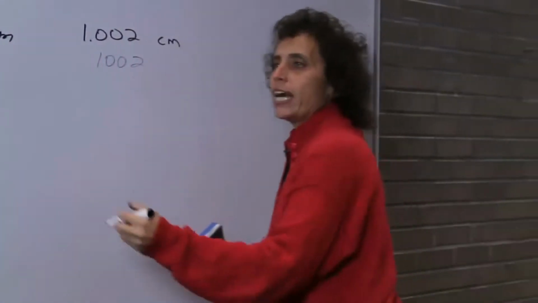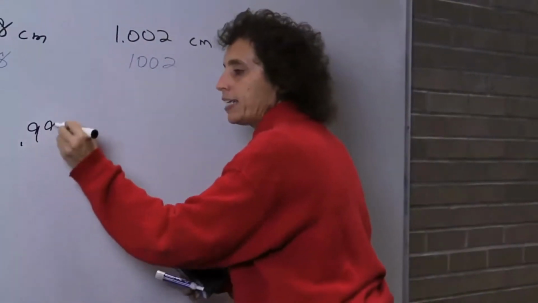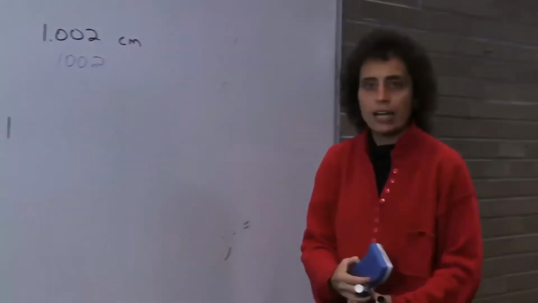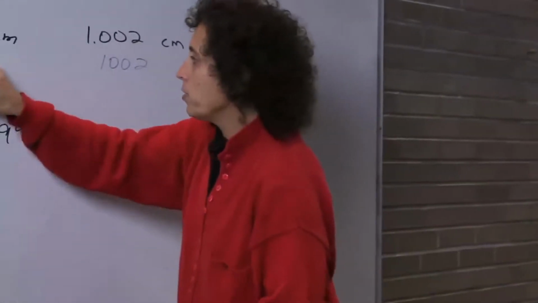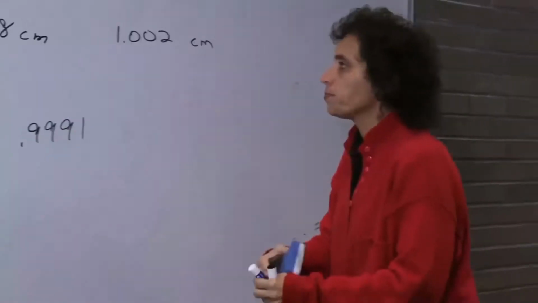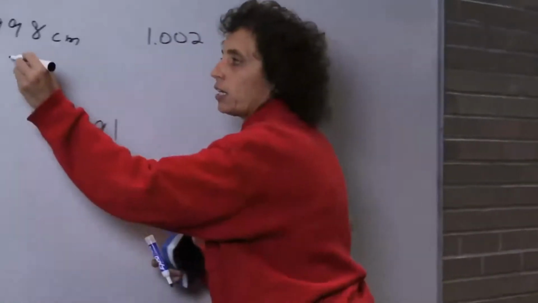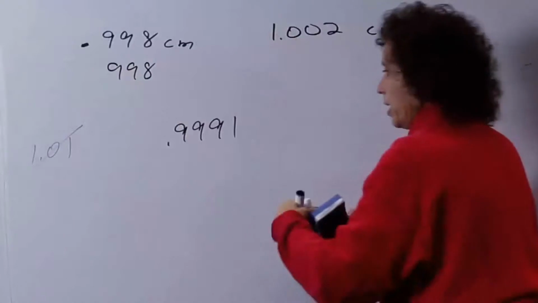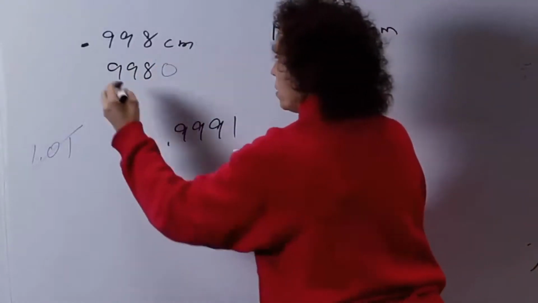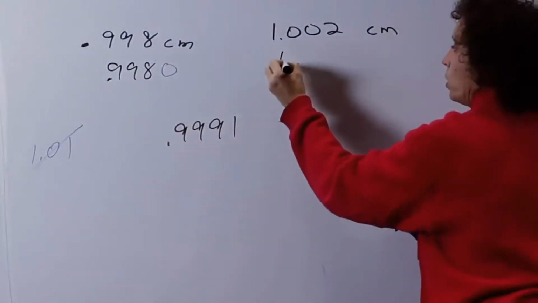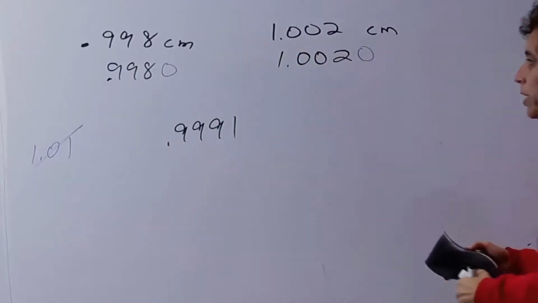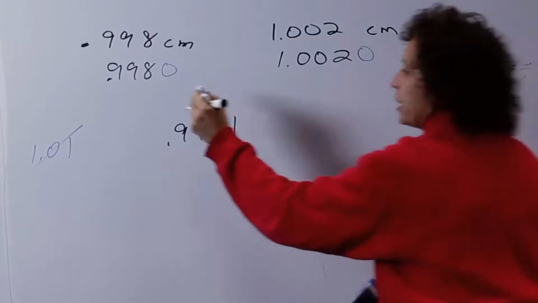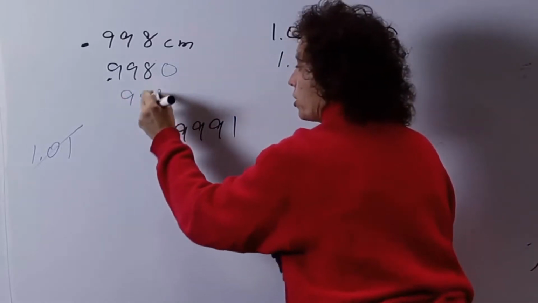Let's try 0.9991. Okay, that's 4 decimal places. Well, let's make these guys have 4 decimal places. So I'm going to take 0.998 and add a 0, and take 1.002 and add a 0. Now it's 4 decimal places. This is like the number 9,980.